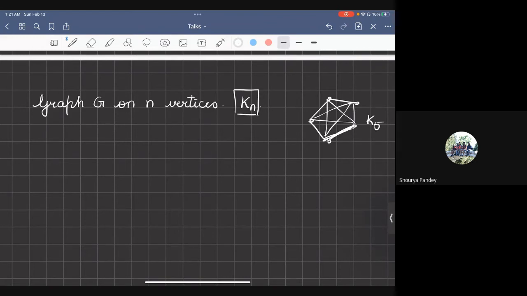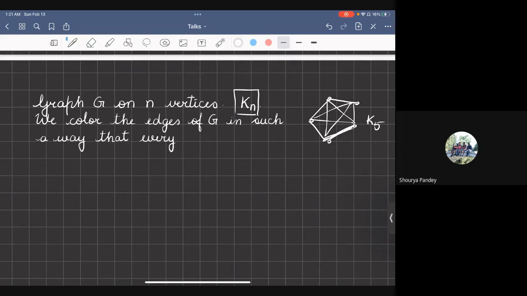And we color the edges of this graph in such a way that every triangle contains, and the number of colors is, let's say, n choose 2.